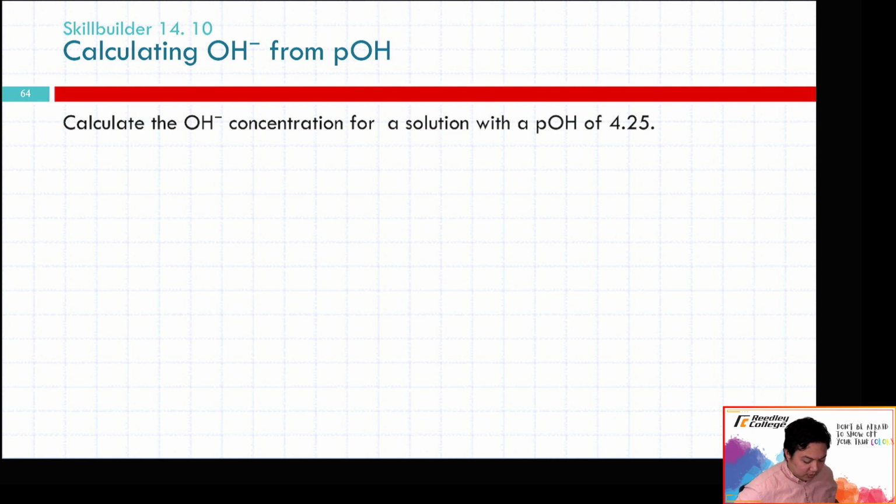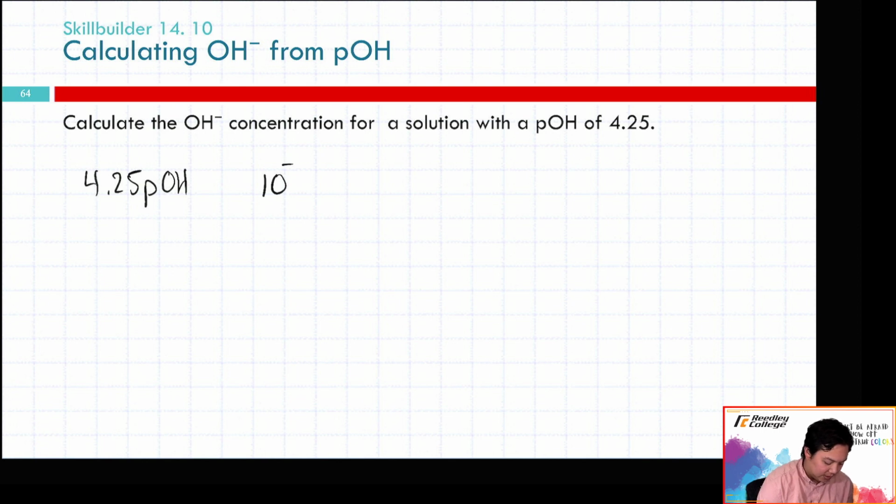Let's calculate the OH concentration for a solution with a pOH of 4.25. Okay, so we have a pOH of 4.25. It's exactly the same as hydronium, except now we're talking about hydroxides.